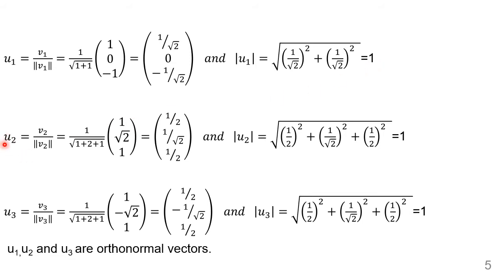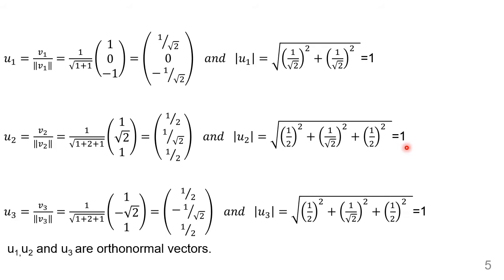Let us say U2. U2 is given by V2 divided by the length of V2, that is 1 divided by the root of 1 square plus root 2 whole square, that is 2, plus 1 square, multiplied by V2, 1, root 2, 1. We get the resultant vector as 1 by 2, 1 by root 2, 1 by 2. If I compute the magnitude or length of U2, it gives me the answer 1.